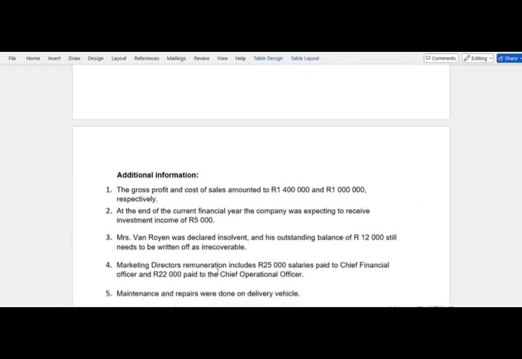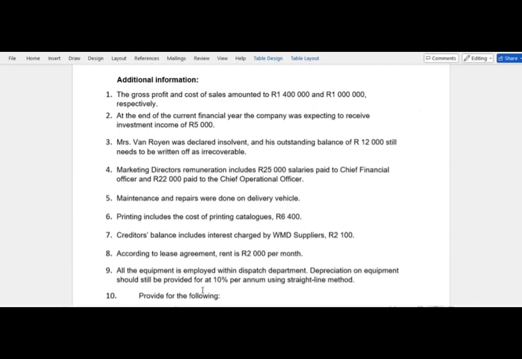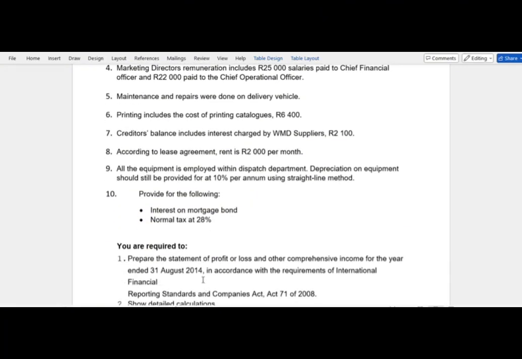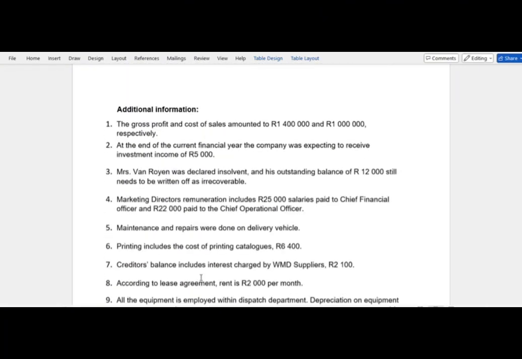All right, so now we are going to go through the additional information and analyze each transaction and record it. The rest we'll copy and paste if they are not affected by the additional information. Let's see transaction number one.